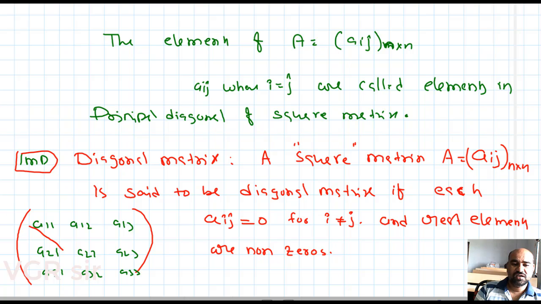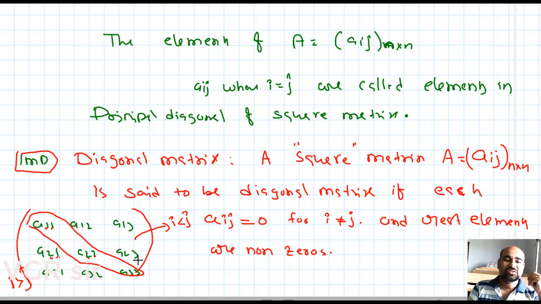Students, observe that these are the elements in the principal diagonal, where i equals j. The elements below the principal diagonal must satisfy i greater than j. For the elements above, i should be less than j.